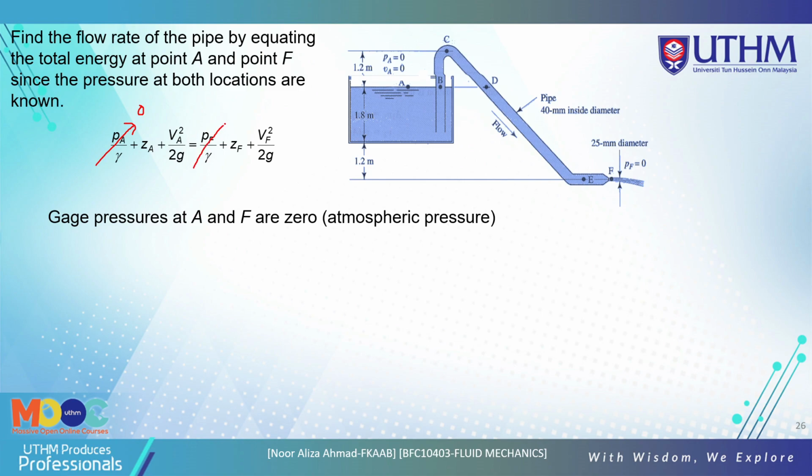So gauge pressure at A and F are 0, so we have PA equal to PF equal to 0.